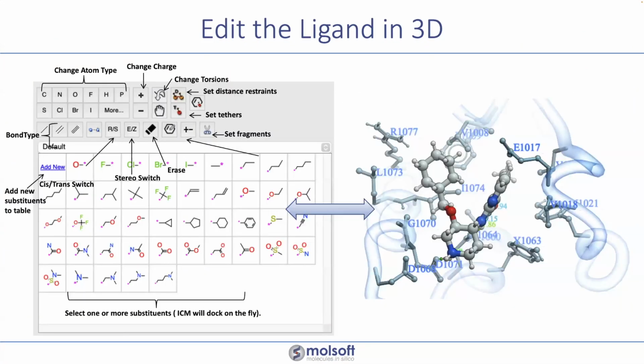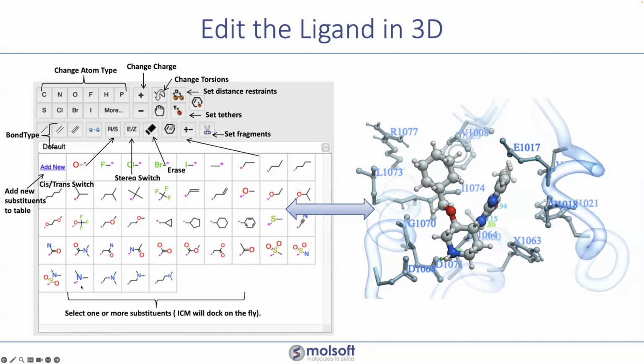So you'll see this panel in a minute, and this panel will give you the options for making modifications. You can change atom types, you can change the charge, you can rotate torsion angles, you can change bond types, switch stereo, cis and trans change.